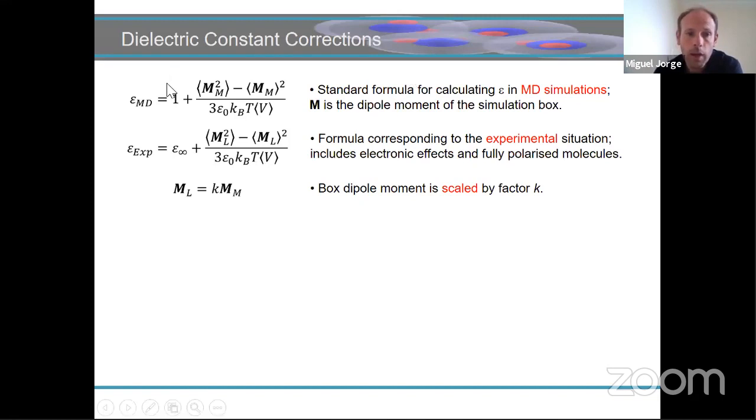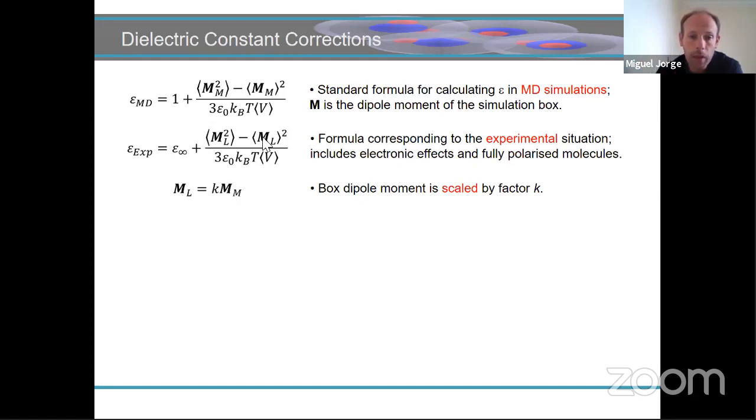First of all, instead of having one here, you have epsilon infinity. Epsilon infinity is the high frequency dielectric constant, which essentially measures the response of the electronic degrees of freedom only. And as I said before, that's not captured by definition in fixed charge, non-polarizable force fields.